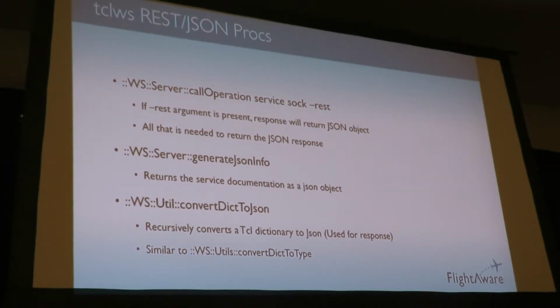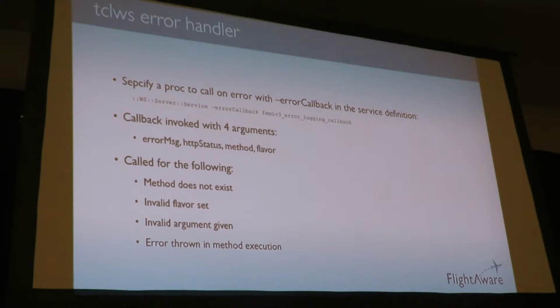And then behind the scenes, Jeff had added this convert dict to JSON. This is what does the magic of using yajltcl to map all the types to a corresponding yajl type and return the JSON object instead of a dictionary.